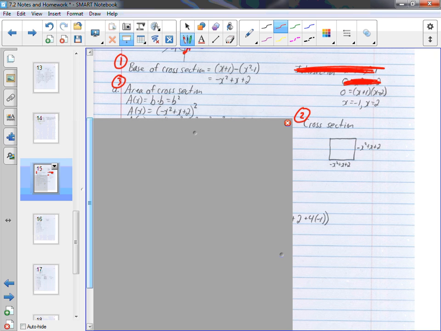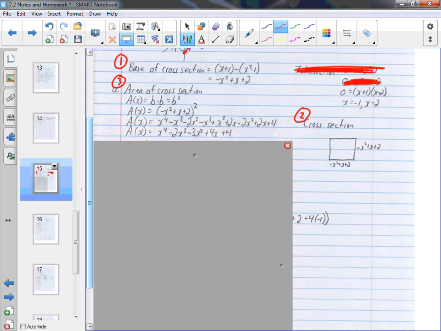Is that written in a good way to integrate it? Not particularly. So, look, I might be done with this step in a different problem because by doing that, it might be written in such a way that's easy to integrate. This is not easy to integrate. So what do I need to do? I need to actually square that out, don't I? And there's what happens when you do.